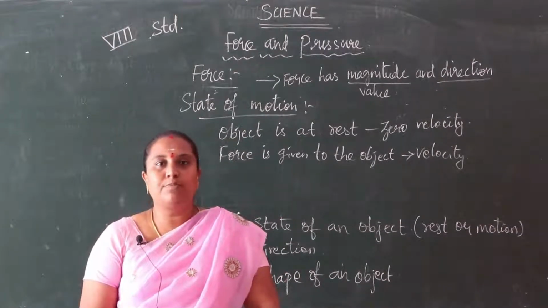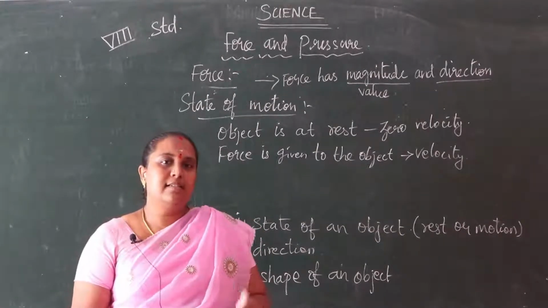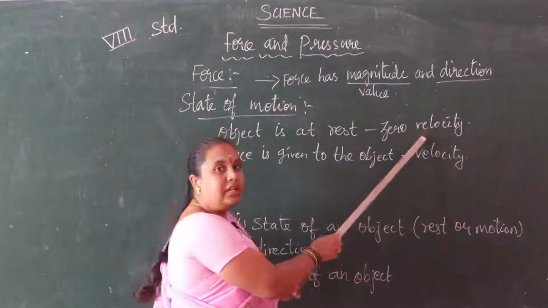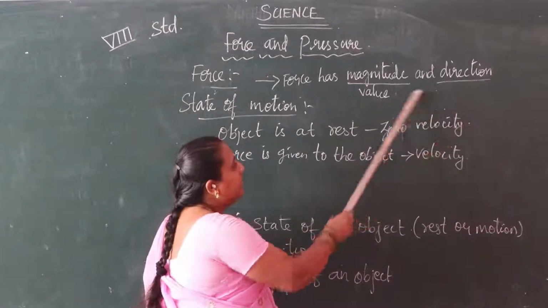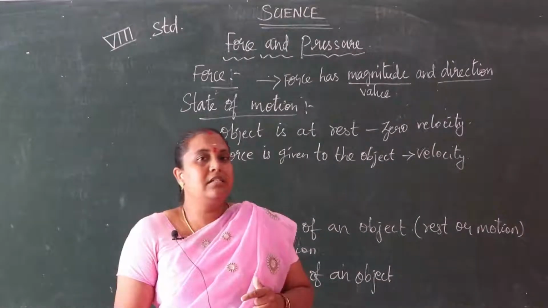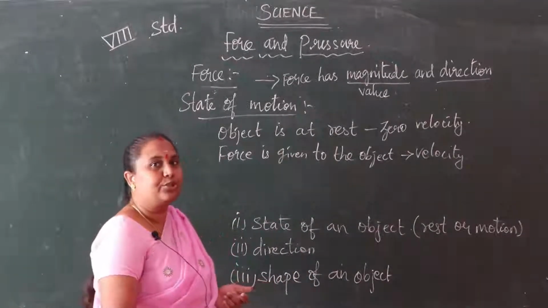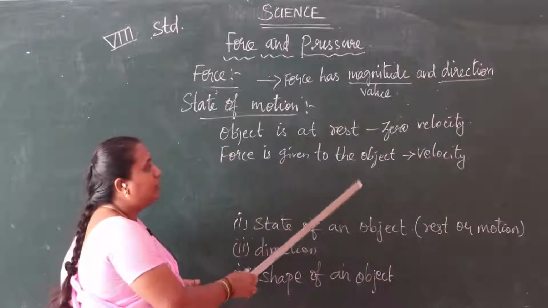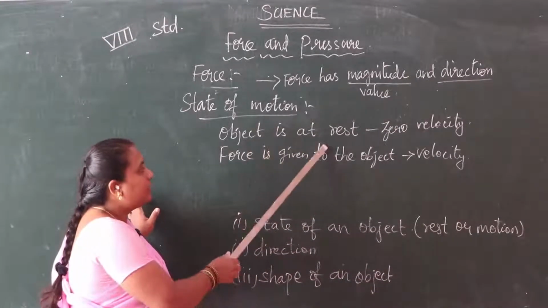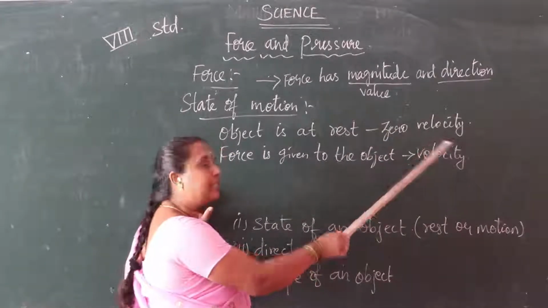The tendency of an object to be at rest or in motion, which is based on velocity. Velocity is a vector quantity, with both magnitude and direction. If force is given to the object, that is based on the velocity. If the object is at rest, there is no force given by us, so we can say it has zero velocity.